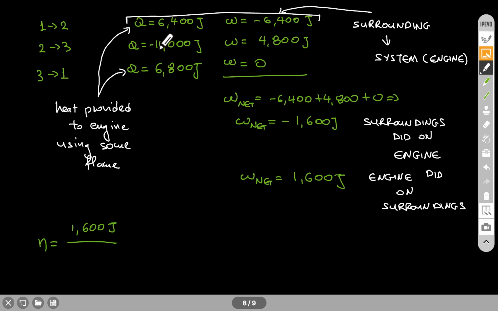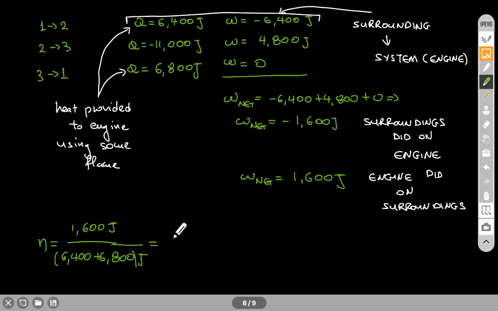Now, what did I pay? What did I give to the engine to do its work? I gave it this much from process 1 to 2, and I also gave it this much from process 3 to 1. So what I paid in total is the 6,400 plus the 6,800, all in joules, of course, and this determines the efficiency.